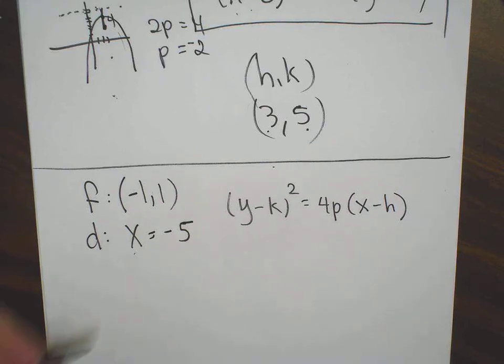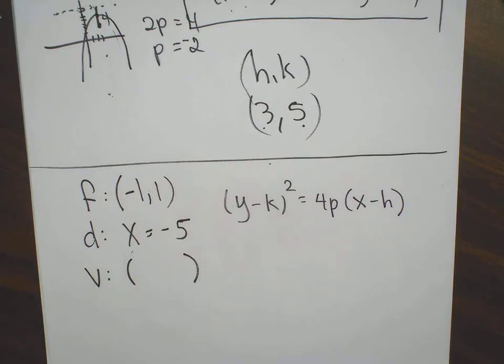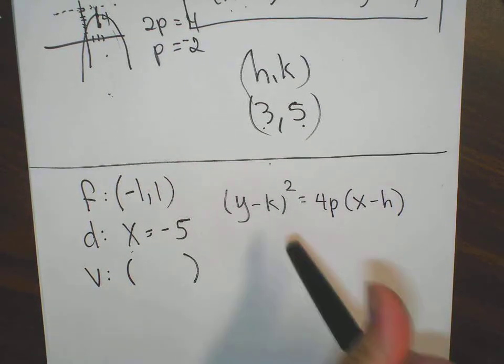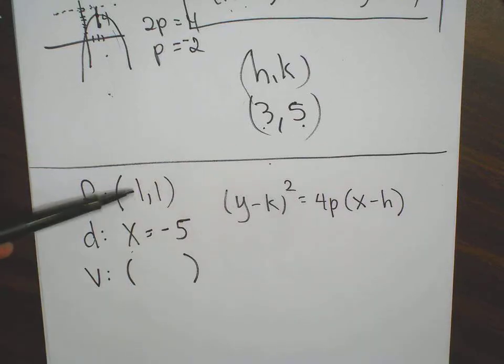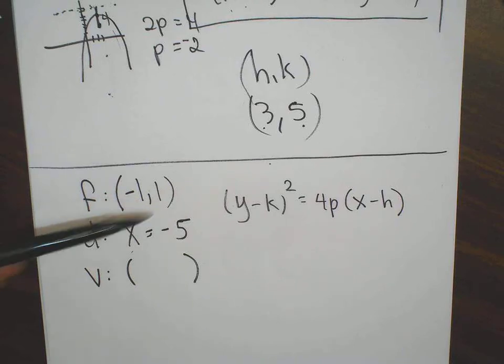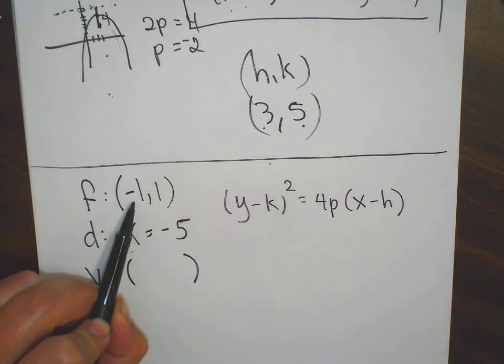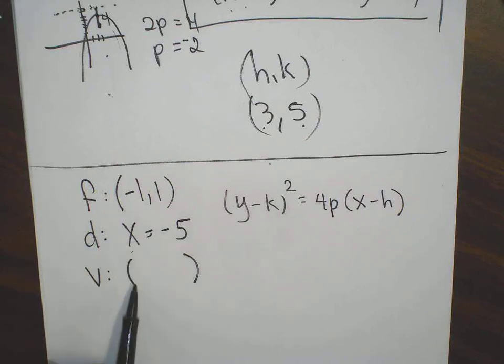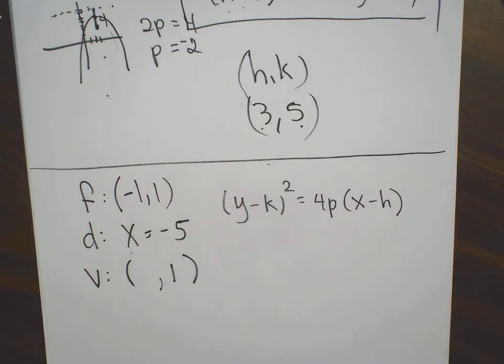So with our vertex, if this is Y dominant, which value is going to stay the same? The Y, right? So if my focus is -1, 1, what do I know the Y value in my vertex is going to be? It's also going to be 1.